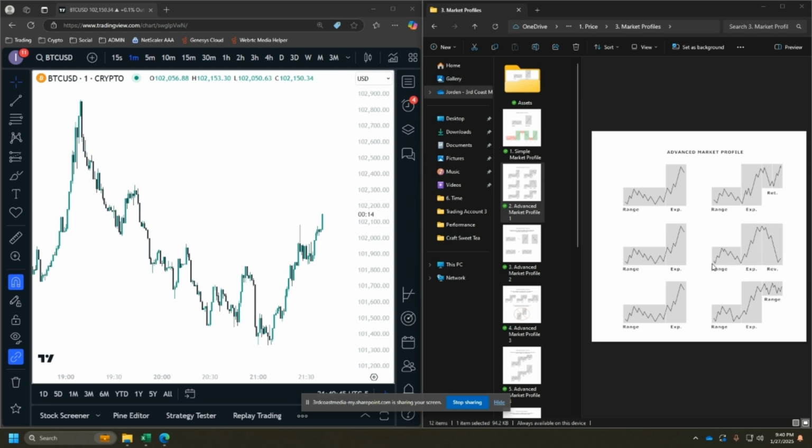And then we have a reversal, which is where price goes towards the opposing end of the previous expansion. Or we can have a range. The only possible outcomes after an expansion are a range, a retracement, or a reversal. These are the only possibilities based on the framework that we operate from.